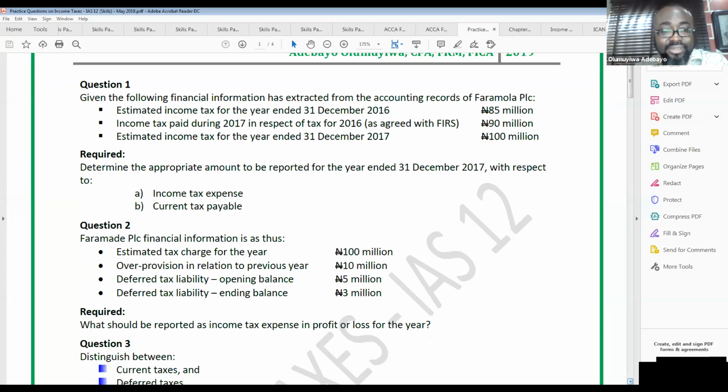Estimated tax for the year was 100 million. Over provision in relation to prior year was 10 million. Deferred tax liability opening balance was 5 million. Deferred tax liability ending balance was 3 million. We are now requested to show the amount to be reported as income in our profit or loss for the year. Simply put, what do we do?